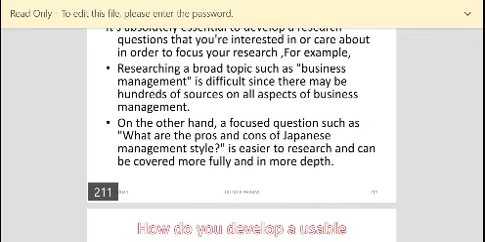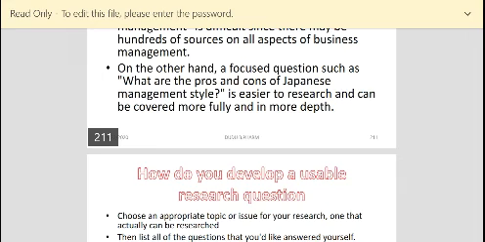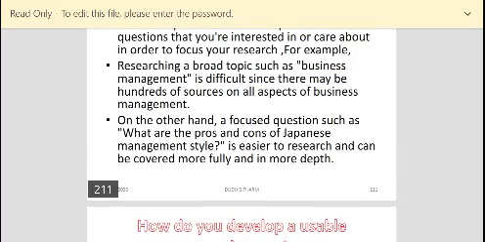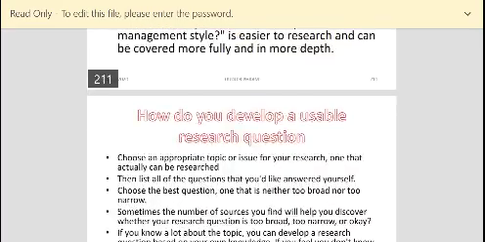On the other hand, a focused question such as what are the pros and cons of Japanese management style is easier to research and can be covered more fully and in more depth, because actually you have been specific, Japanese style. But when you say business management, it's too broad.